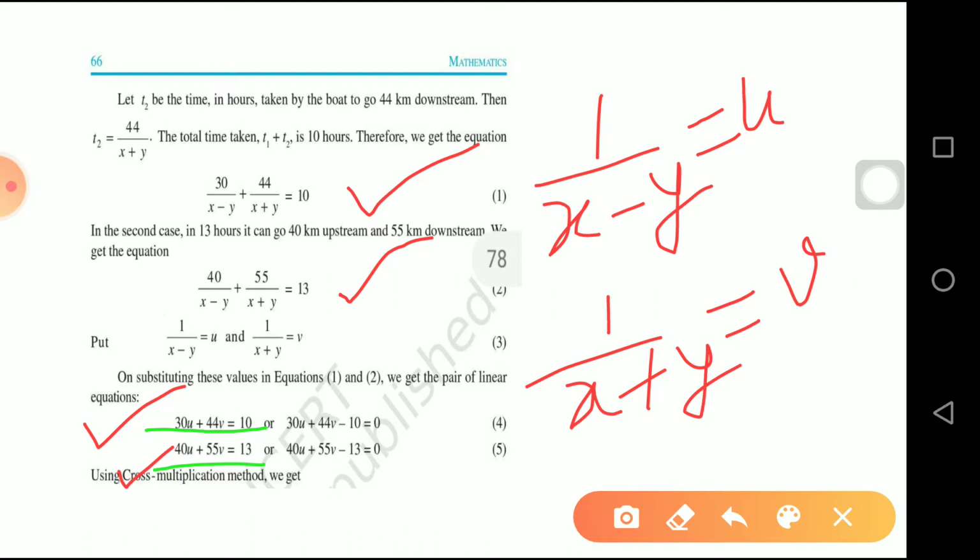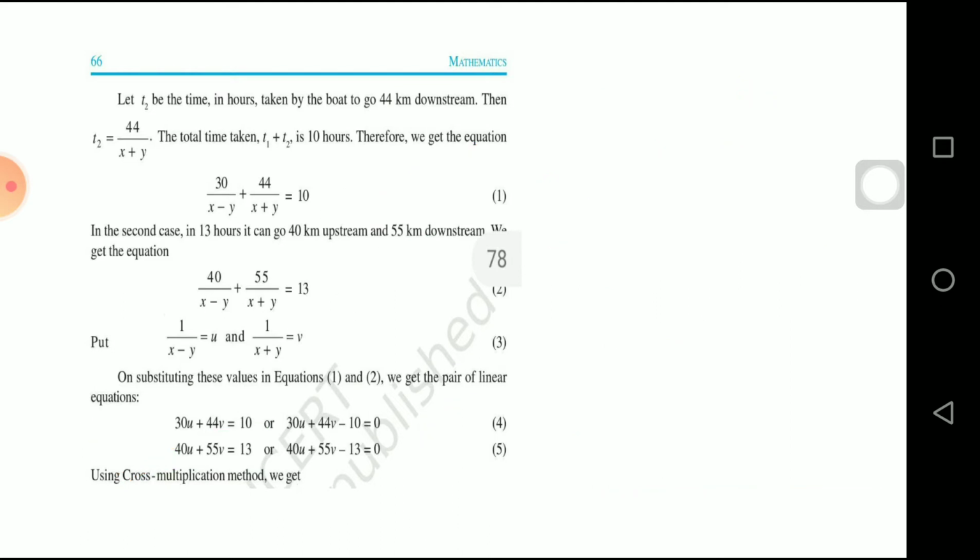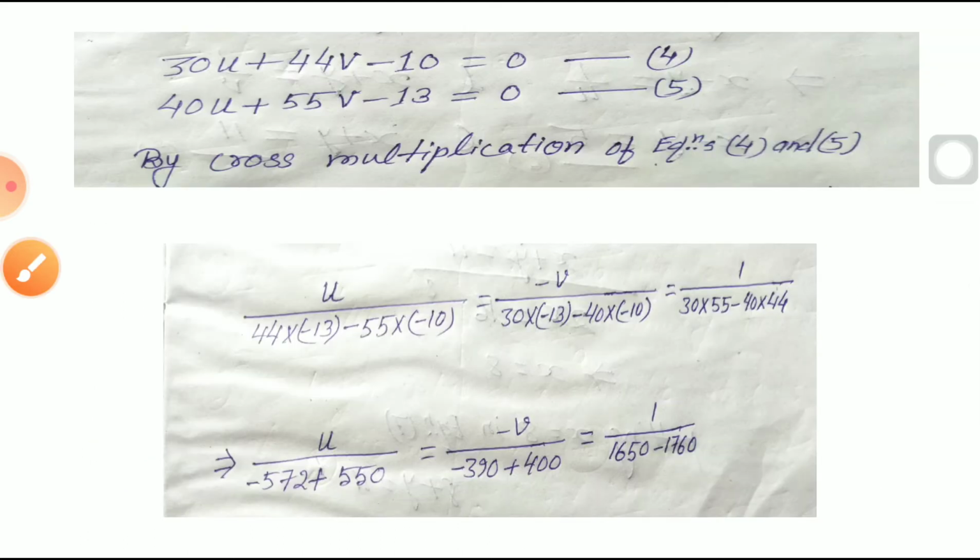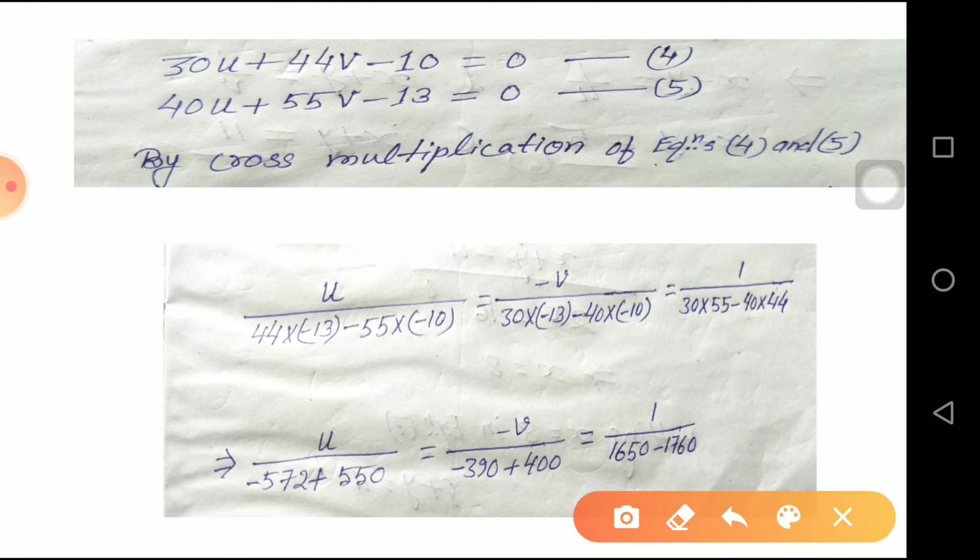So for a standard form, our right hand side will be 0. Now our standard form of the equations are 30u plus 44v minus 10 equal to 0, and 40u plus 55v minus 13 equal to 0. By cross multiplication of equations 4 and 5, we can name this 4 and 5.